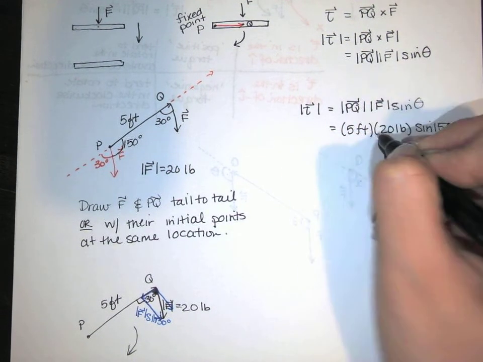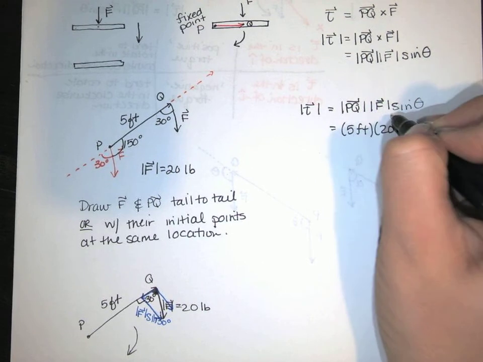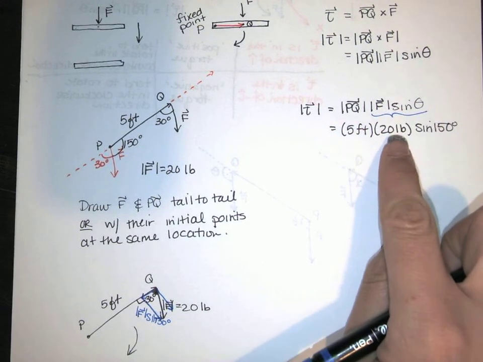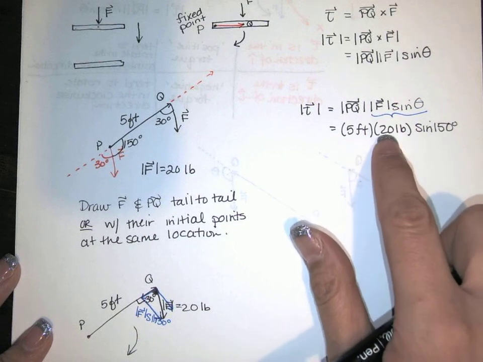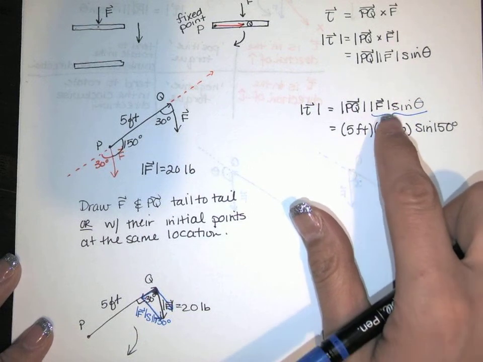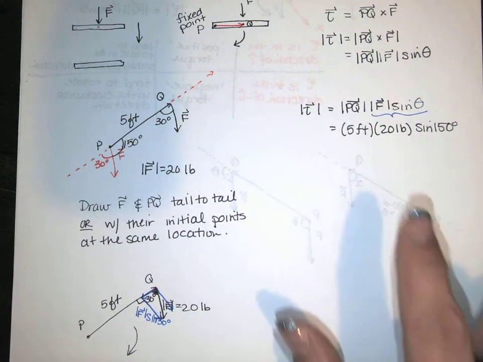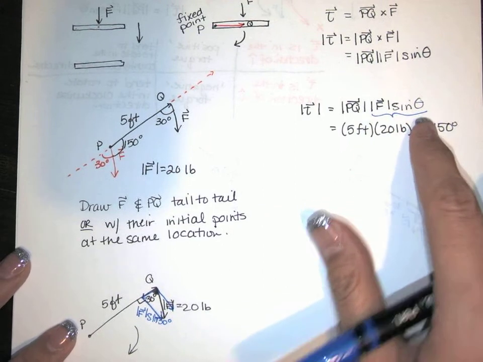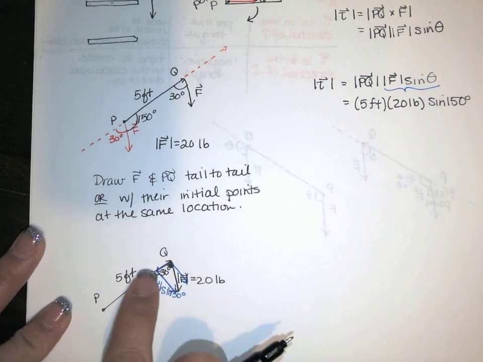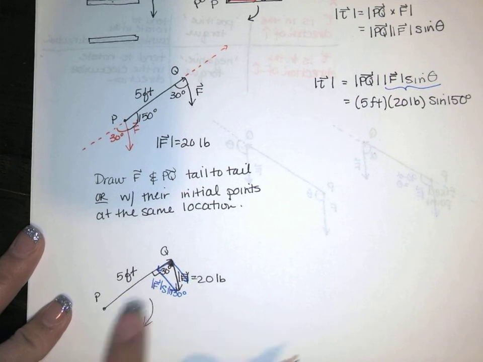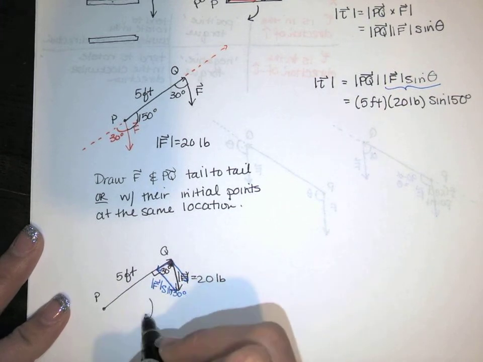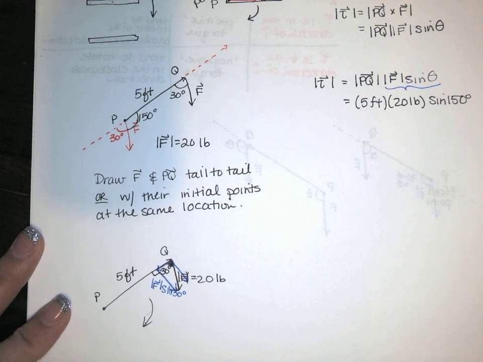So we're going to write that in here. And then we also say it's proportional to the magnitude of the force that you applied, but not just the magnitude of the force that you applied, the part of the force that acts perpendicular to the moment arm, that acts at a right angle to the moment arm. Because this part of the force is causing it to rotate. This part of the force is doing nothing.